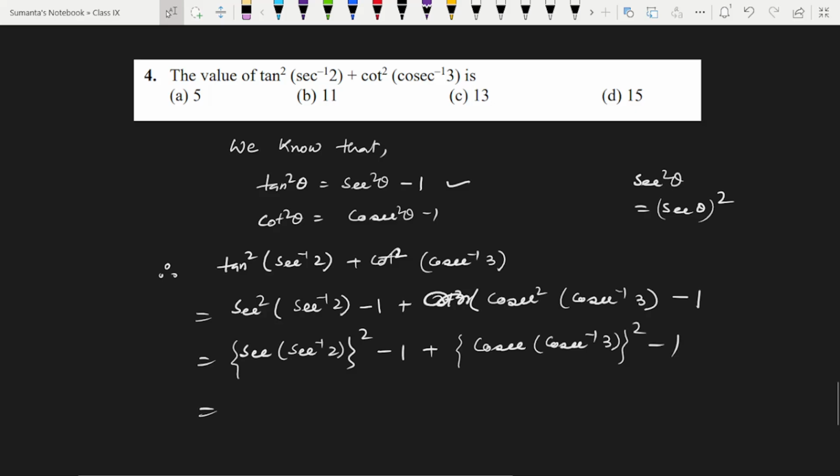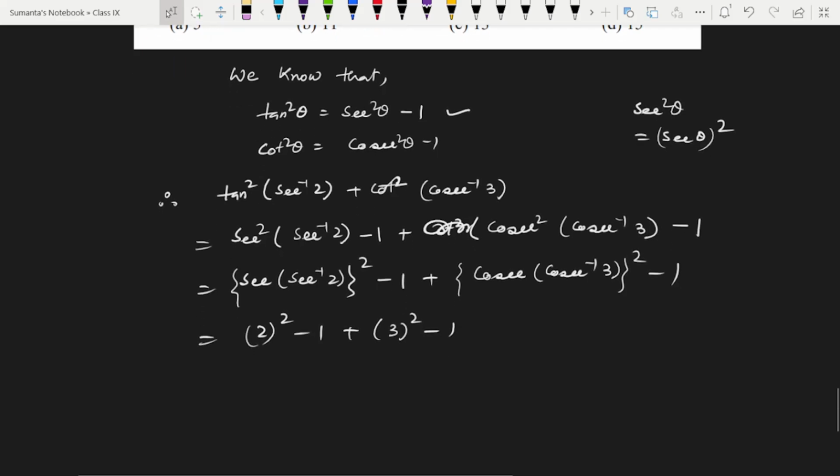Then sec and sec inverse cancel out, so that means 2 whole square minus 1 plus cosec of cosec inverse 3 whole square, cosec inverse and cosec cancel out, that means 3 whole square minus 1. That equals 2 square, that means 4, minus 1, plus 3 square means 9, minus 1. That equals 4 plus 9, that is 13, minus 2, that equals 11.